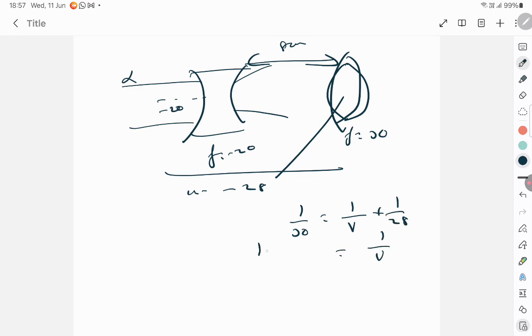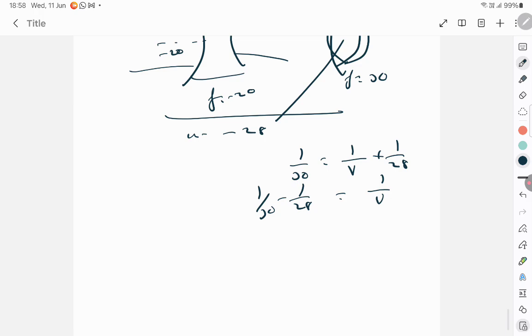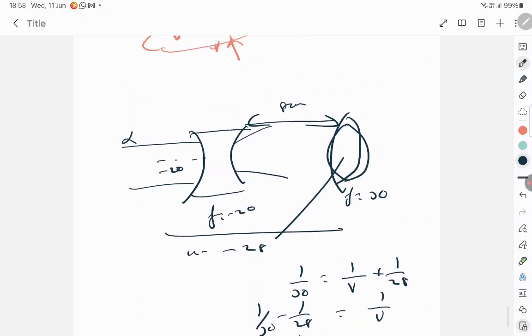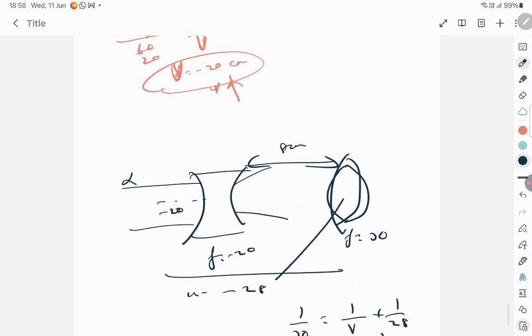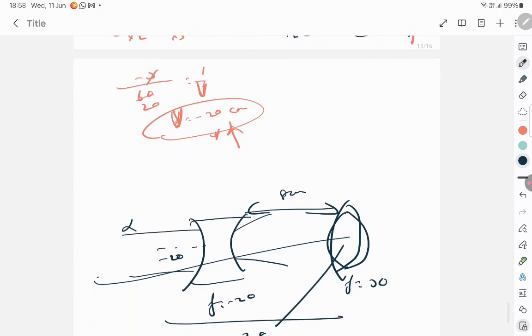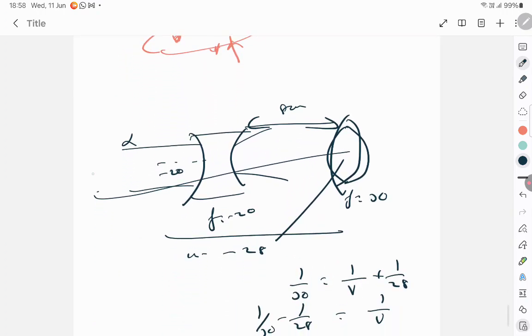So 1 by v is 1 by 30 minus 1 by 28. 420 is the LCM, so this turns out to be 14 minus 15, which is minus 1 by 420, so v itself is minus 420. It's going to be farther away, and because it's negative, that shows the image is going to be on the left side only. So definitely it does affect your answer.